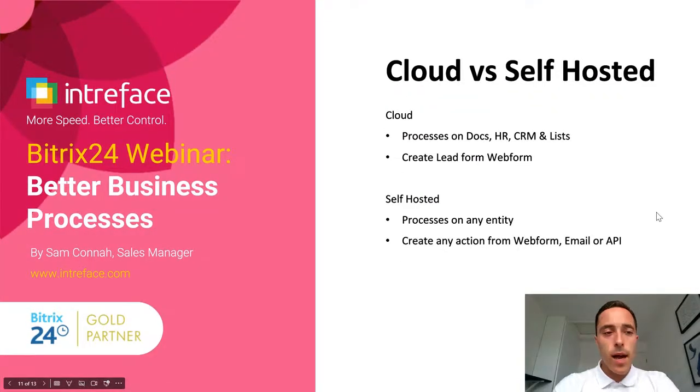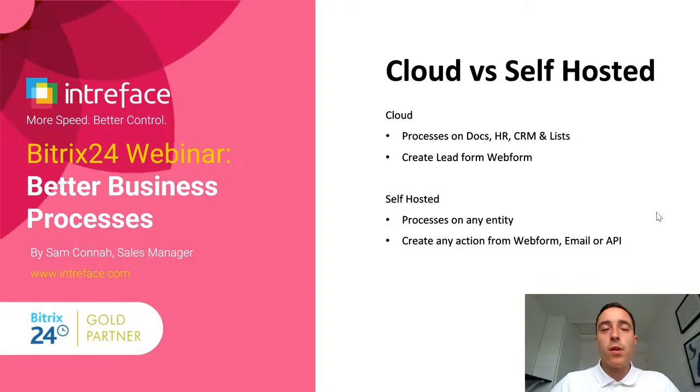Okay, so that is a look at several different business processes that we run. And we've mentioned a few differences between the cloud and the self-hosted, but in terms of the cloud, in terms of the sequential business process designer tool, you would need to have at least a professional cloud version of BITRIX24.